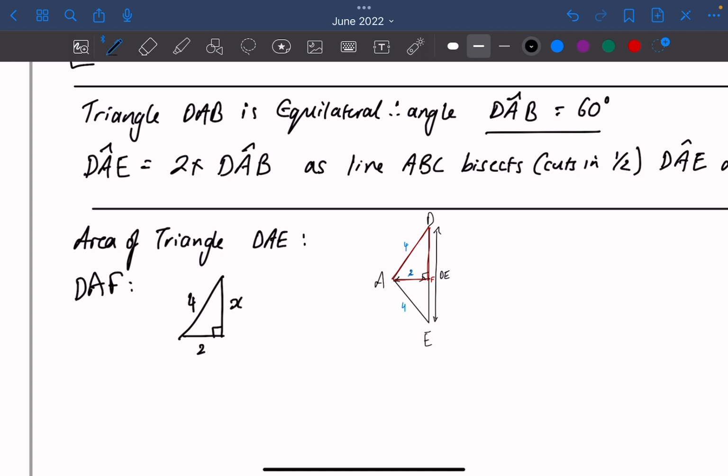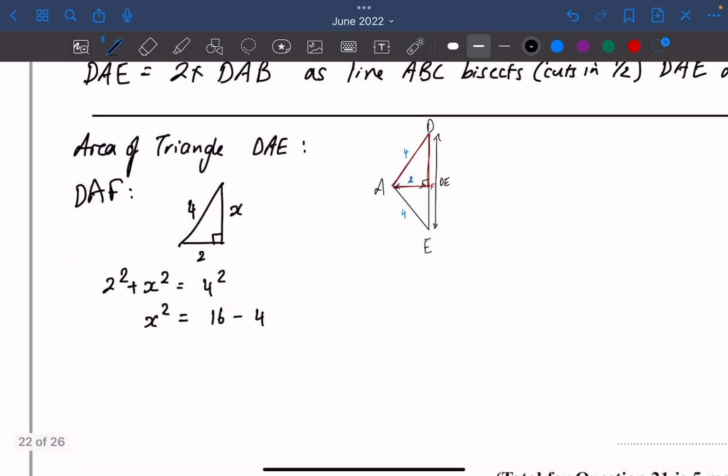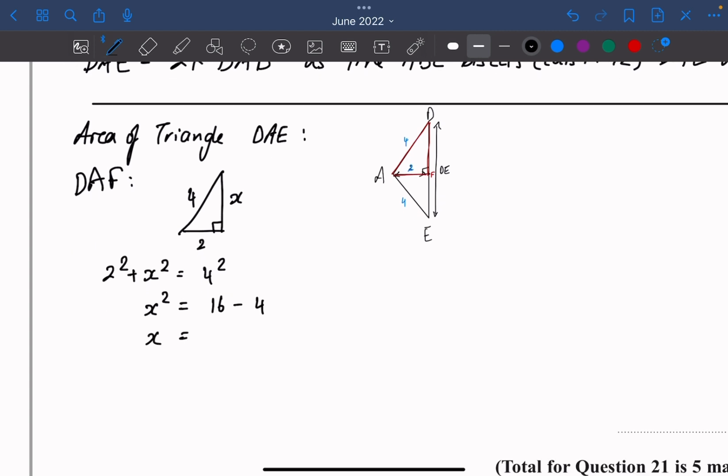What's the length of this? Again, Pythagoras. 2 squared plus x squared equals 4 squared. X squared is 16 minus 4. X is equal to square root 12. X is equal to, again using surds, 4 times 3, 2 root 3.